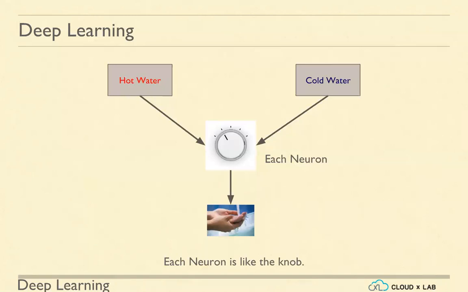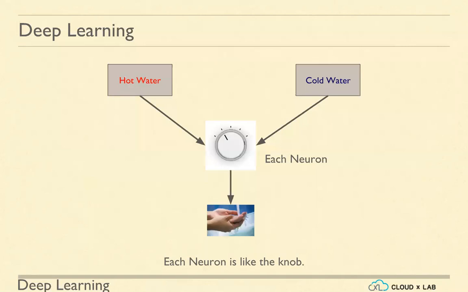So in this hotel, you go to the bathroom, and there is this tap, and on one side is hot water and the other side is cold water. So at every point of time, what you do is you slightly twist the knob and check whether the water is good for you or not.